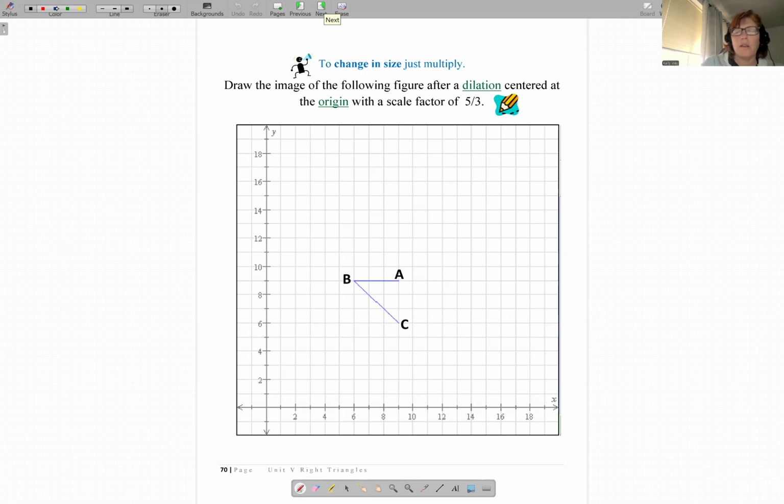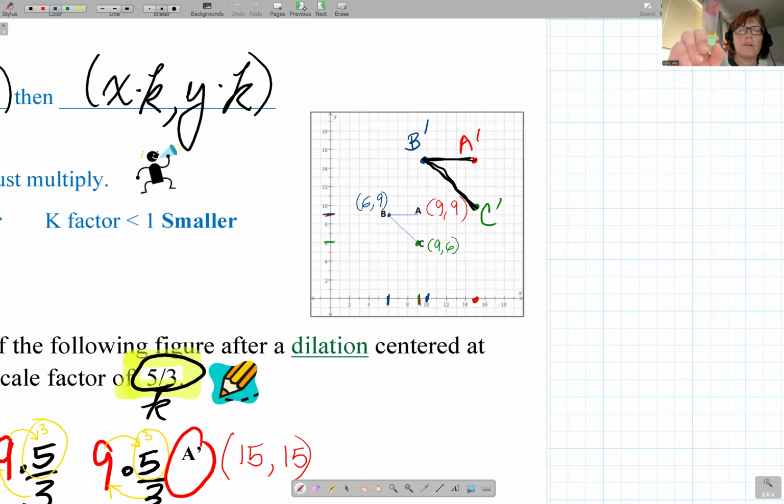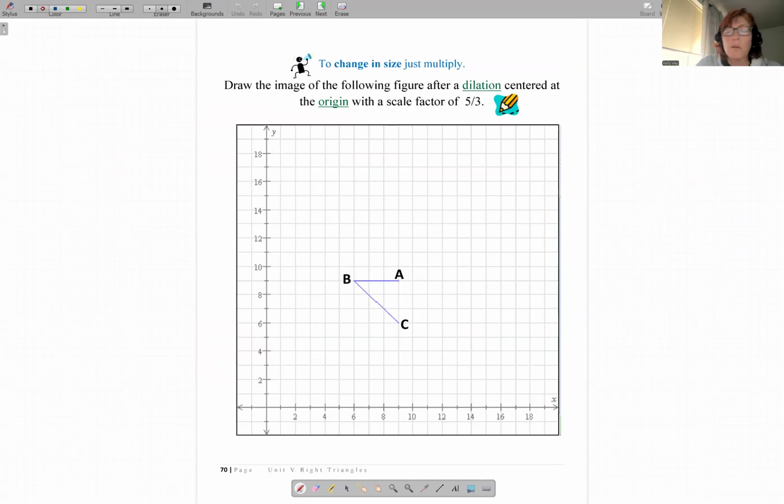So we had here, oh, I graphed it there. Would have been easier to graph to the right. And let's just do that, (15, 15). So (15, 15) is A prime, and then it was (10, 15), B prime, and then (15, 10) for C prime.